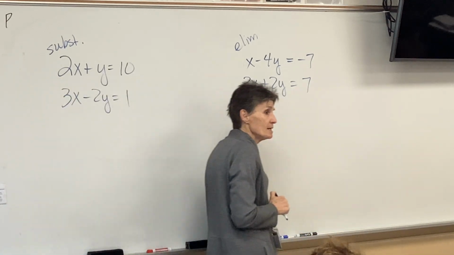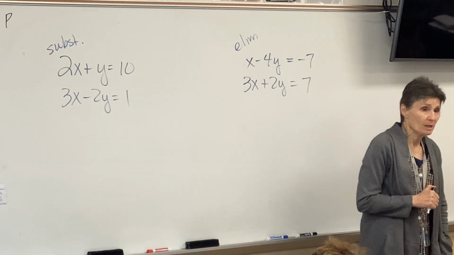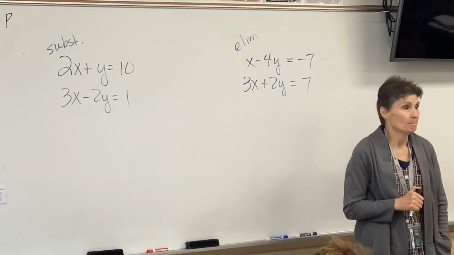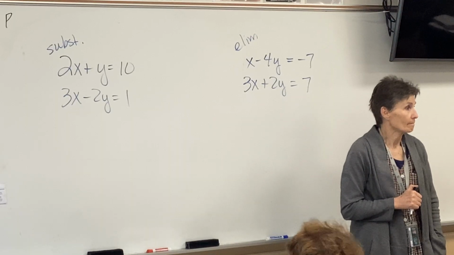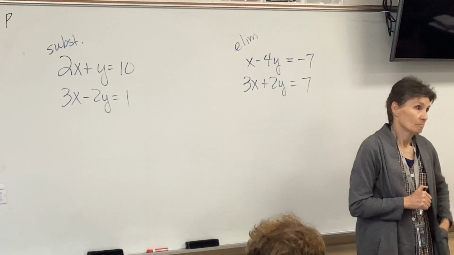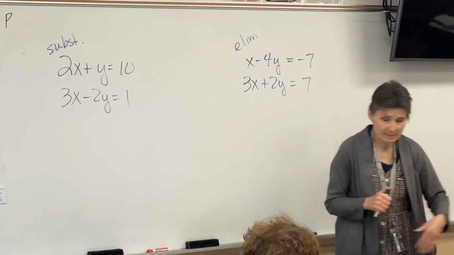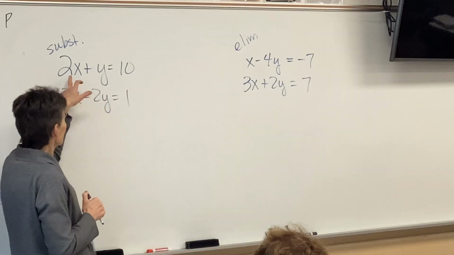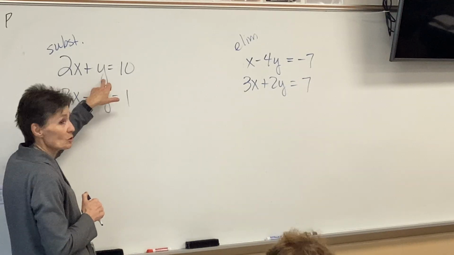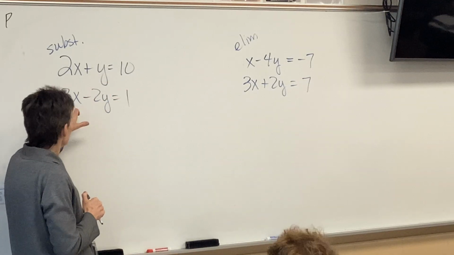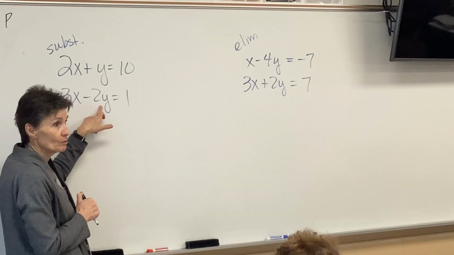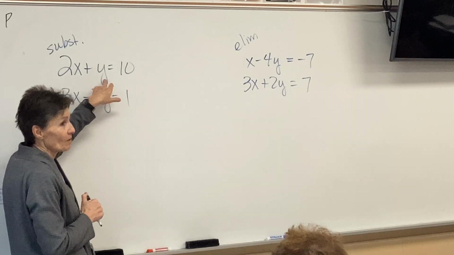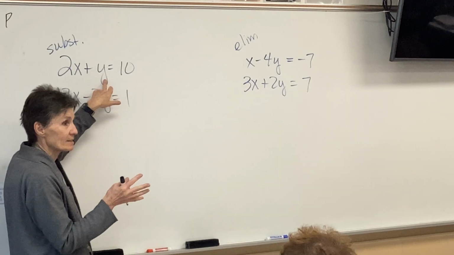What is the procedure for substitution? I gotta get something by itself. And I always just kind of look at it, see how the x has a 2, this y doesn't have anything, this has a 3, and this has a negative 2. So I always like to go for the thing that's already by itself.